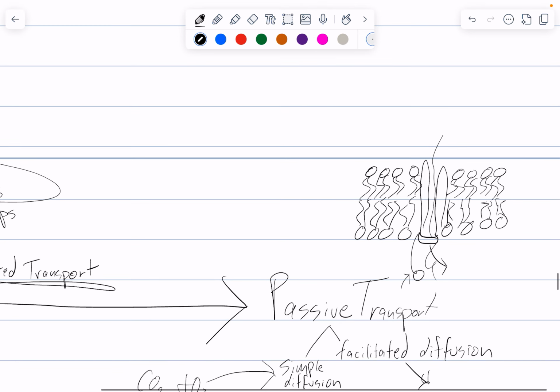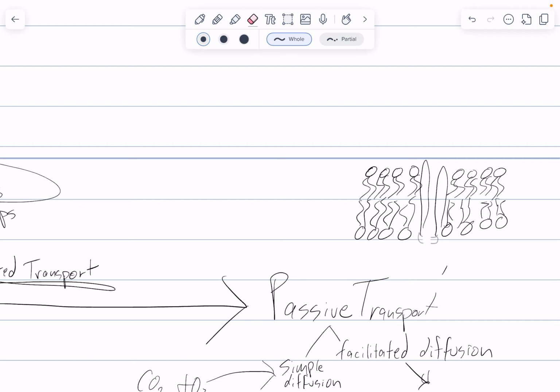Another gated channel is called the ligand gated channel. So ligand gated channel is when something attaches onto the gate, like a certain chemical, there's a receptor site that allows the gate to be opened.